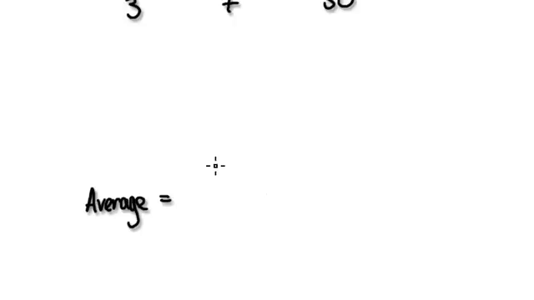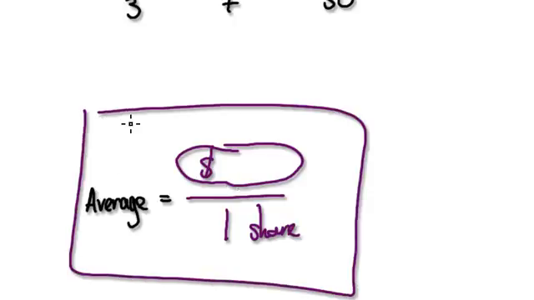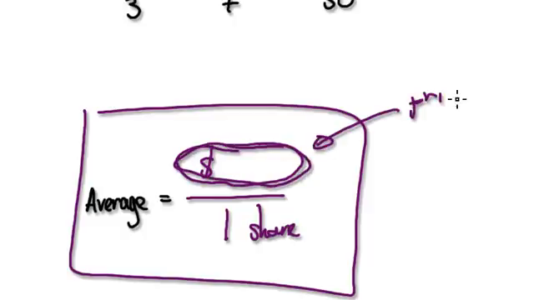the average would be an amount in dollars over one share. So the average price that you paid would be a dollar amount over one share.